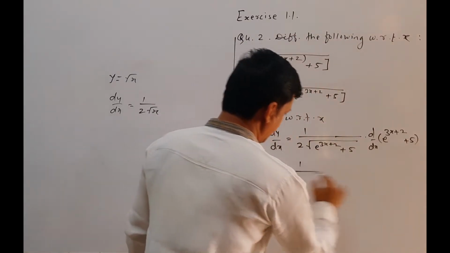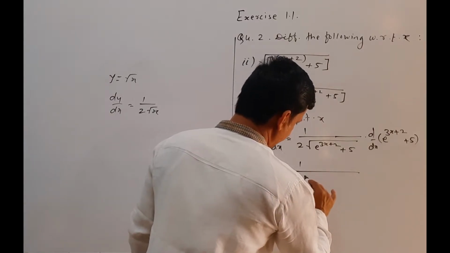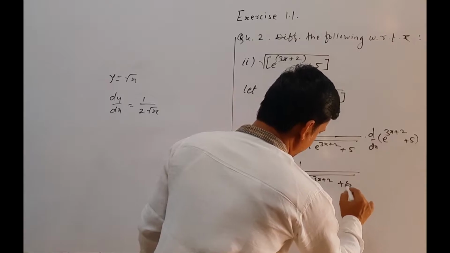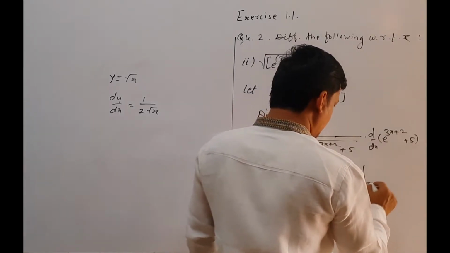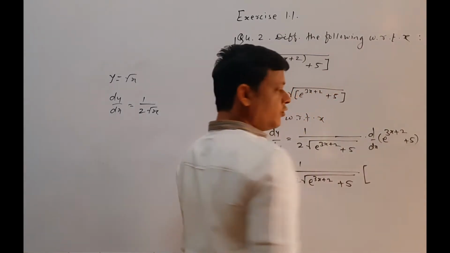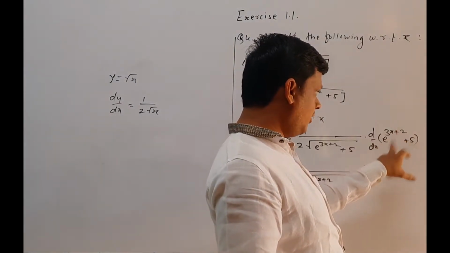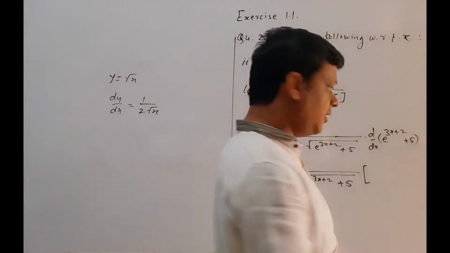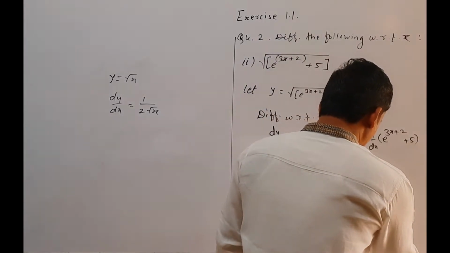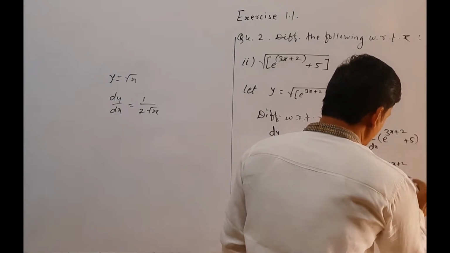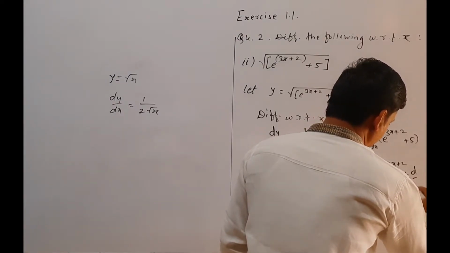So we write here 1 upon 2 root e raised to the power 3x plus 2 plus 5, into. Now here we have to use the addition rule. So first we have to find the derivative of the first term, then the derivative of the second term. So we write here d by dx of e raised to the power 3x plus 2, plus d by dx of 5.